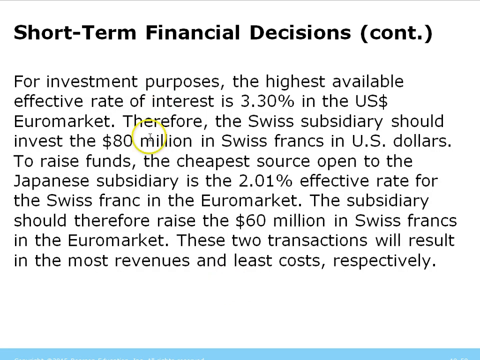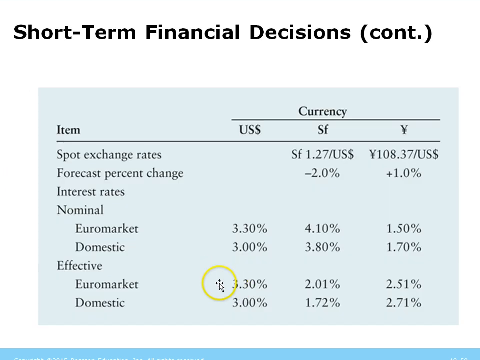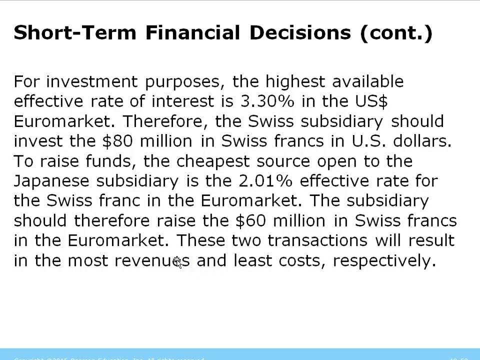Now, therefore, the Swiss franc subsidiary should invest 80 million in US dollars. To raise funds, the cheapest source open to the Japanese subsidiary is what we want, so you basically want to play the market to get the best combination of interest rates.